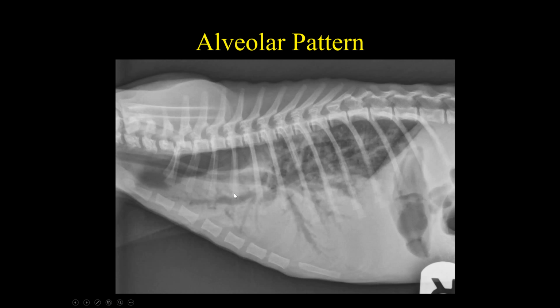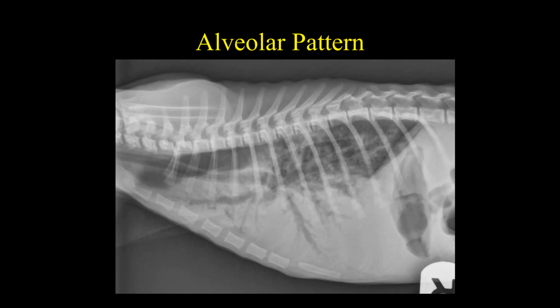We know it's there, but we can't see the outside margin of where the artery starts and stops. And the reason is that artery is full of what? Fluid. Now, on the other side of it, what is the lung filled of? Fluid.